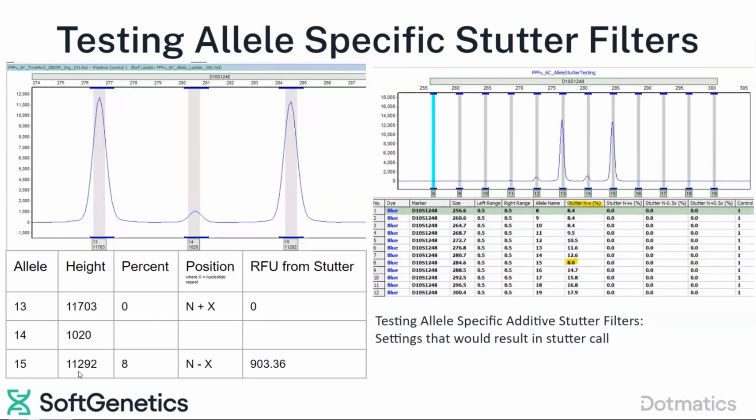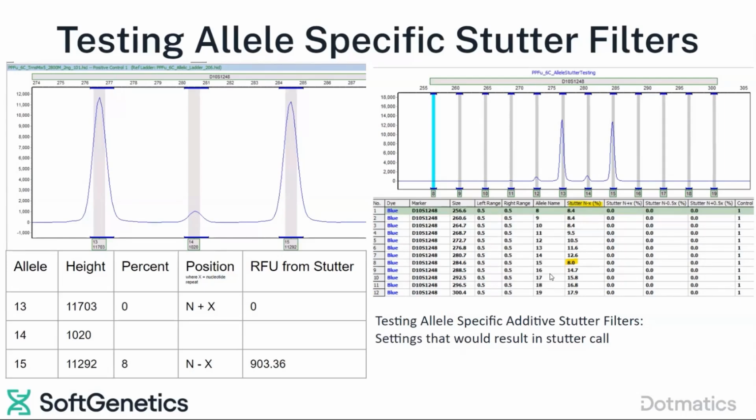And for allele 15, if the percentage is 8, we take the percentage of the minus x stutter, and that would result in 903.36 RFU could be the minus stutter RFU for the 14 allele.